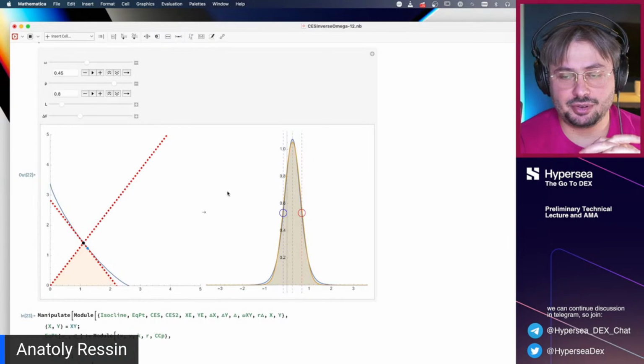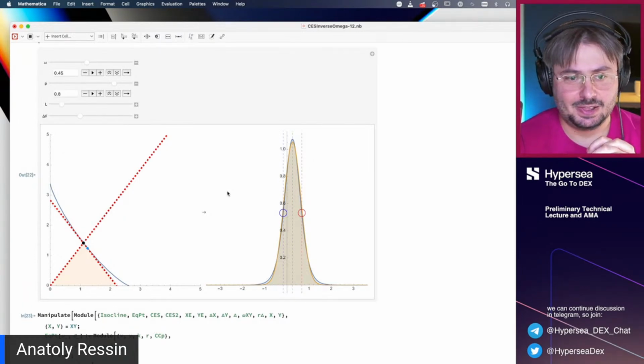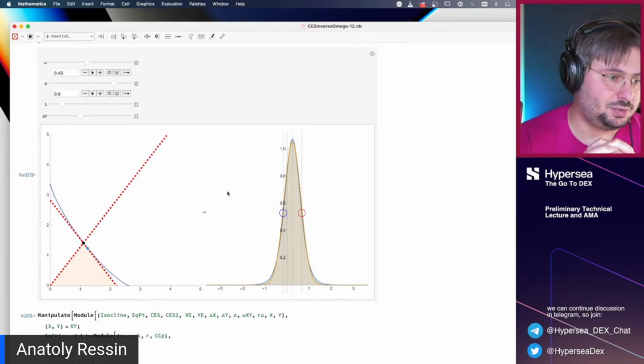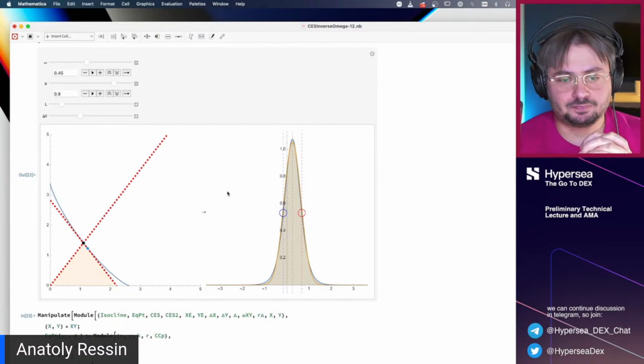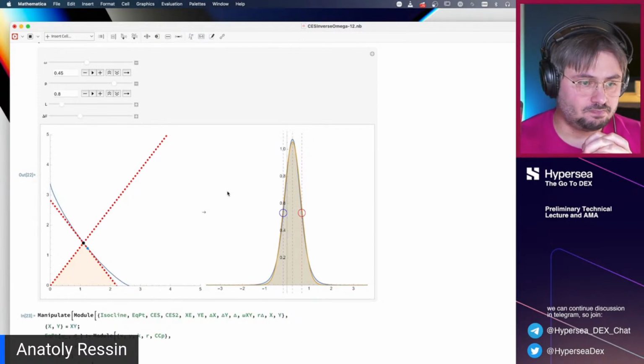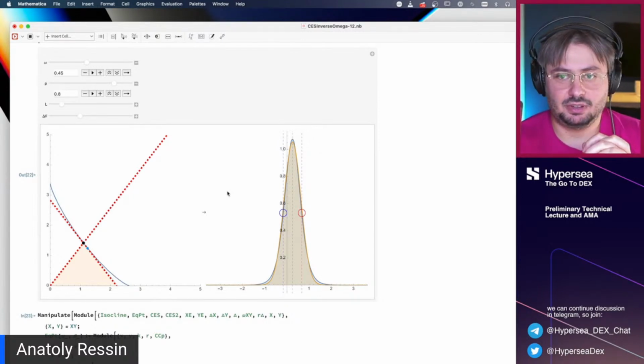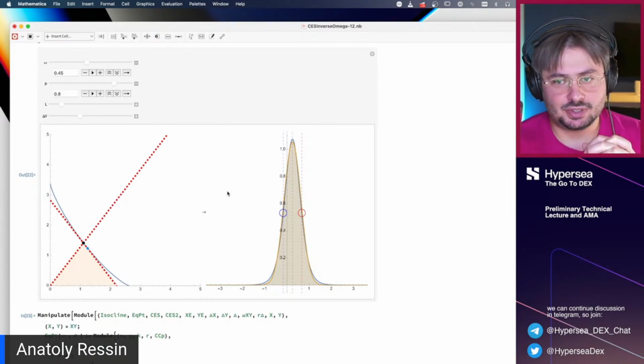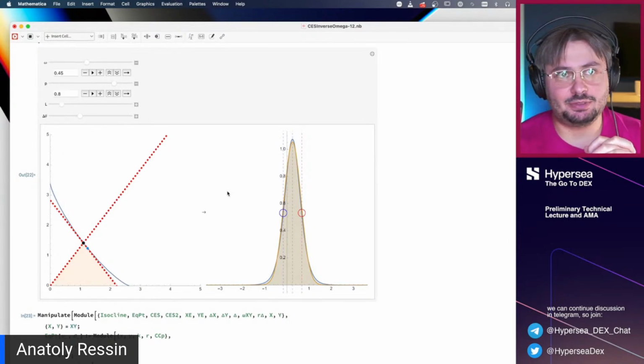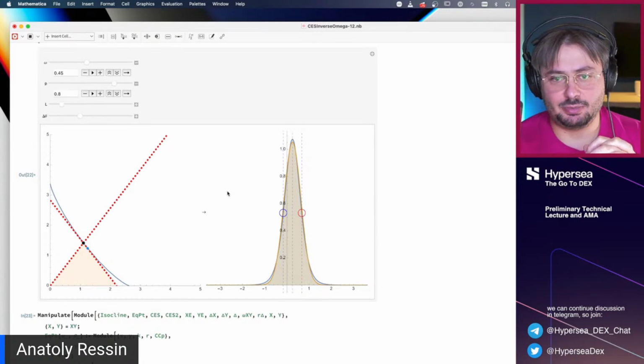That is a very robust measure for the volatility, and it allows us to compete with those platforms that are not actively managing the liquidity.